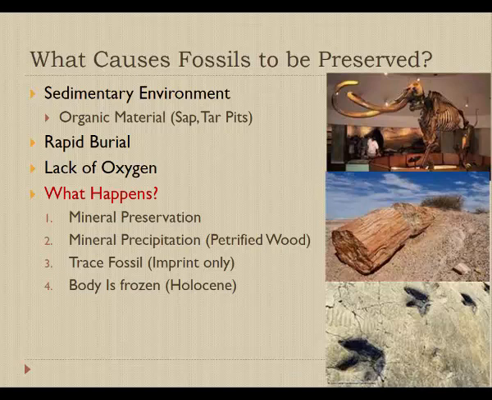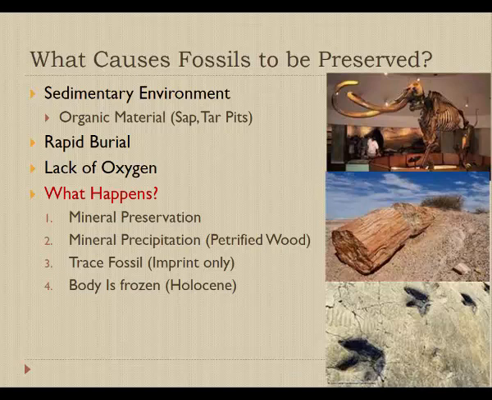In this case, water that contains things like silica flows through an organism, and the silica starts to form minerals that coat the shape of the inside of the organism. They make almost a complete cast of the organism, but over time, the parts that were actually alive, the cells, disappear, and only the silica replication is left. This is what happens in the case of petrified wood.